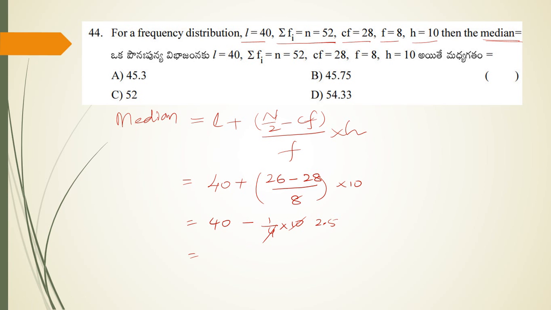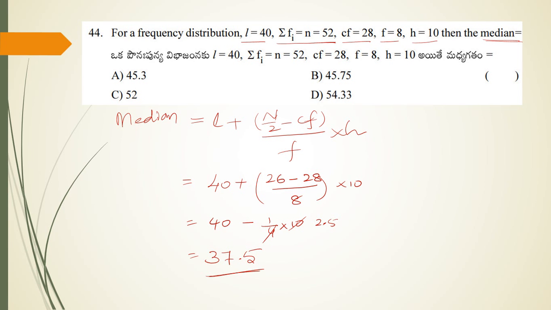So 40 minus 2.5 is nothing but 37 point 5. So the answer is 37.5. So maybe there is some mistake here, right? By substituting the values you are going to get the answer.